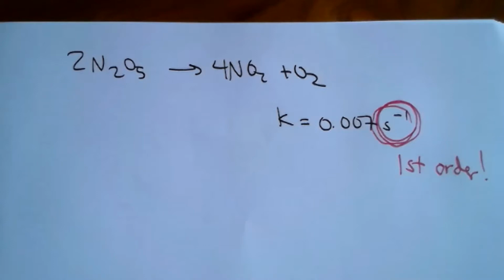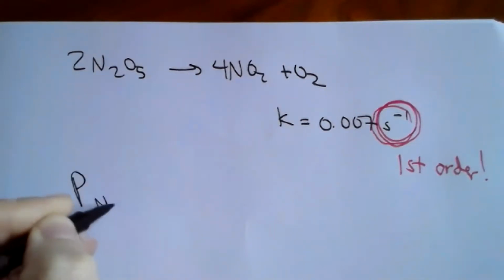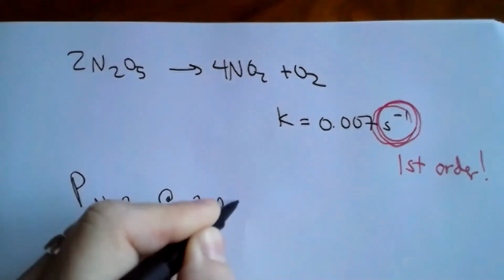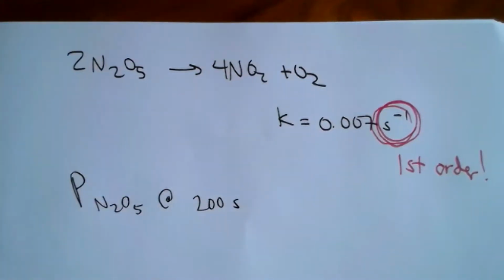If the pressure starts out at 800 millimeters of mercury, what's the pressure after 200 seconds? I can find the pressure of N2O5 at 200 seconds. That's my first goal. How do I do that?